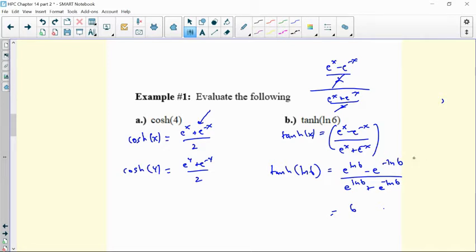That's the same thing as e to the natural log of 1/6, which I can simplify to 1/6. And then this becomes 6 plus 1/6.